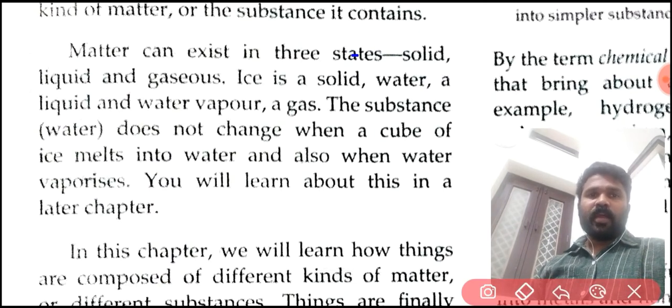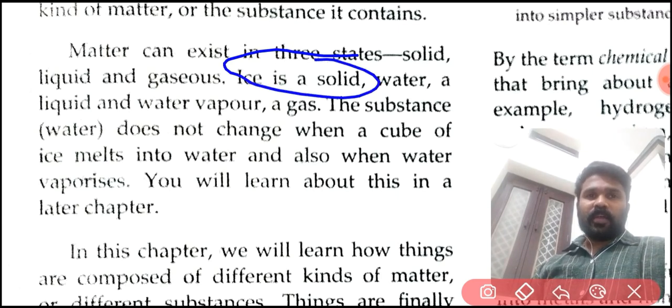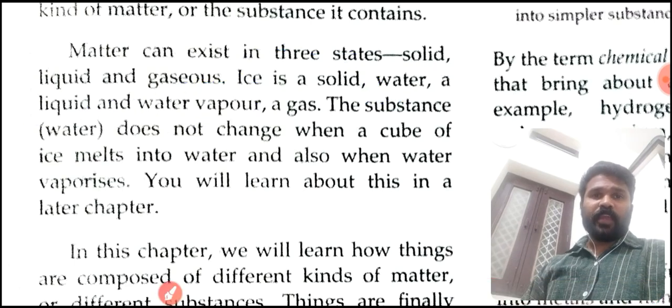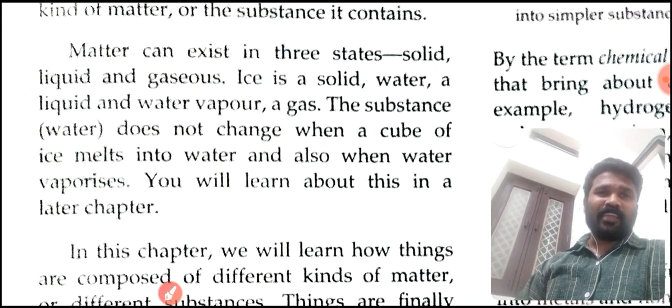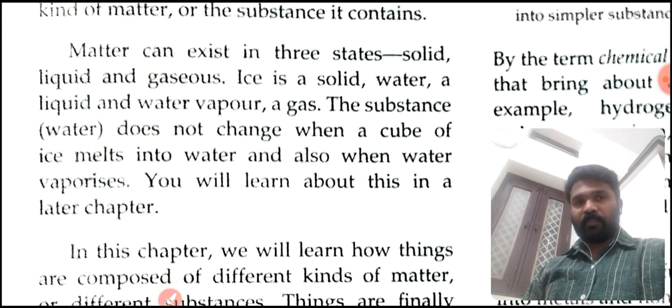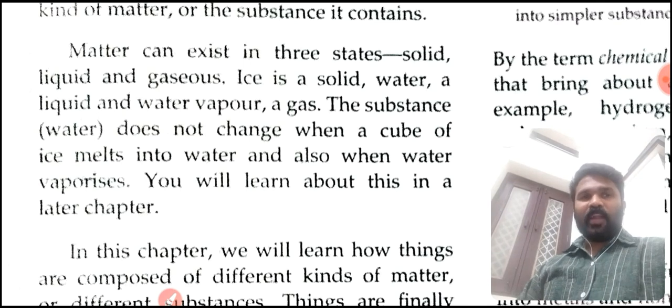In the case of H2O, ice is the solid form, water is the liquid form and water vapor is the gaseous form. The substance does not change when a cube of ice melts into water and also when water vaporizes. You will learn about this in a later chapter. Okay, no problem, we will discuss it.